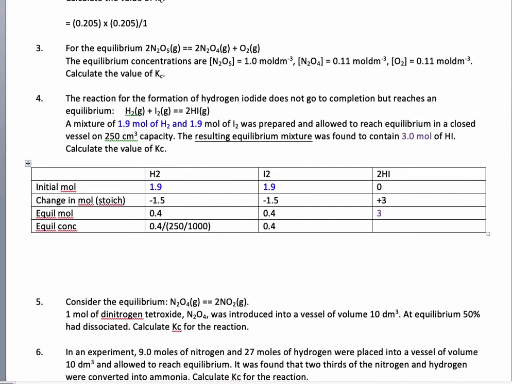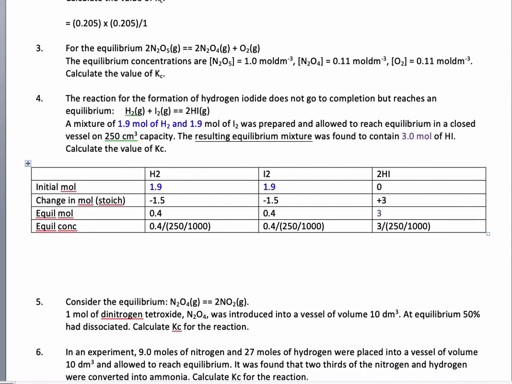Remember, I mentioned the other day that they might not always give you the volume, and in fact they wouldn't need to give you the volume in this case, because in our Kc expression we have the same number of things on the top and bottom of our expression, and the volumes cancel out. So we could have just put the moles into the Kc expression in this case, because we have the same number of things top and bottom of our Kc expression.